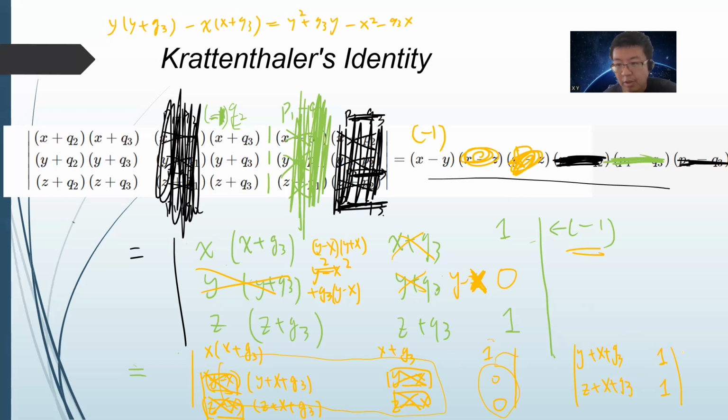So determinant of this is just y minus z. Sorry, let's see. So determinant of this is just y minus z. So what the hell is going on? So I first kill. Oh, sorry, I'm stupid.